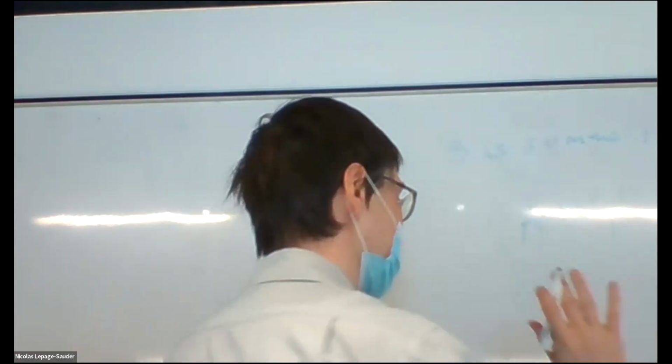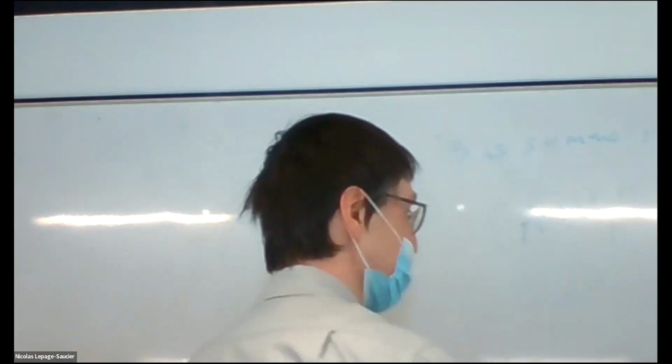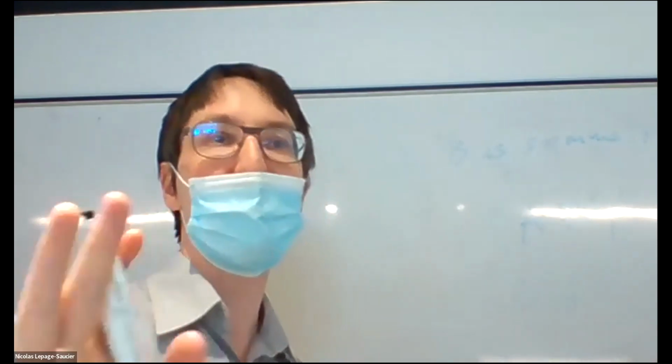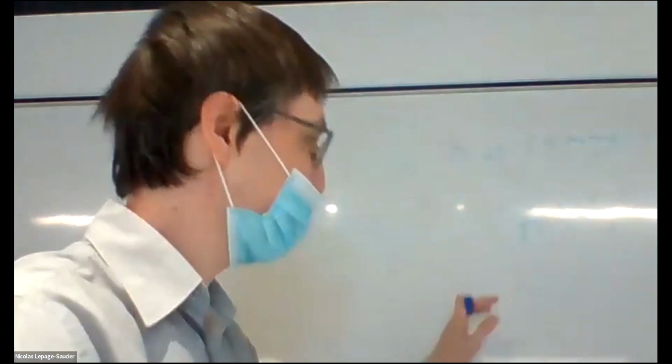No, it's B transpose A transpose, and the next step is it's BA because they're symmetric. This kind of stuff, just for once, let's be a bit exhaustive in the steps we take.